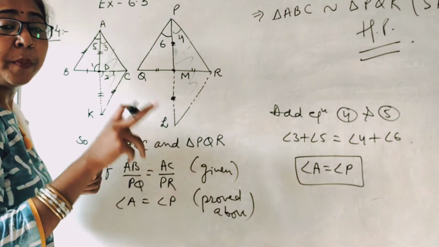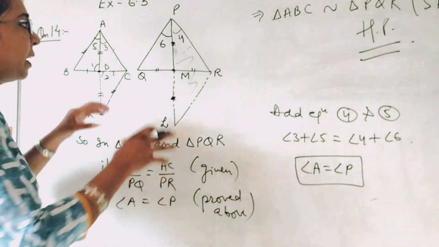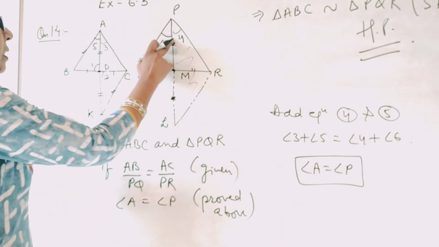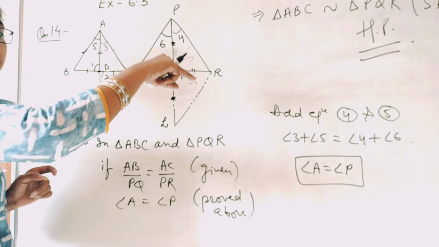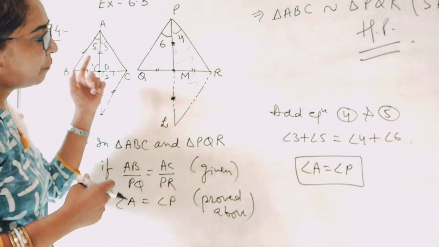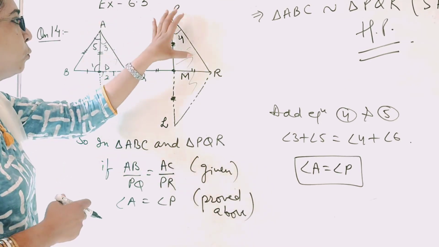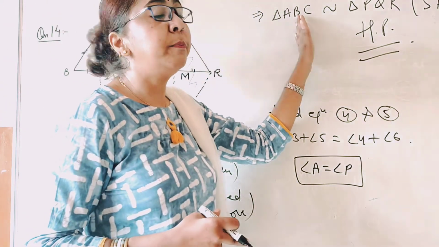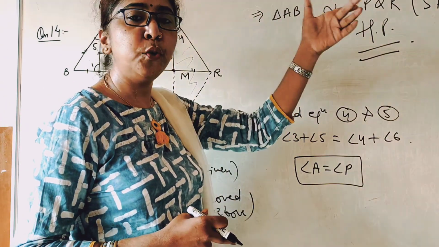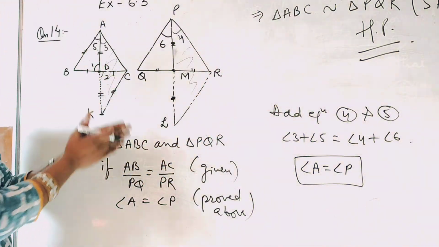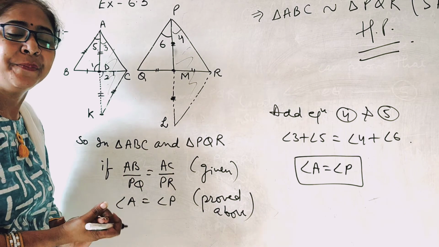The main purpose of making these angles equal is so that angle A and angle P come equal. And if these two angles are equal, we already have two ratios which were equal, and then we can apply the SAS criterion, and make these two triangles similar by SAS. I hope you understand it. So this is all about question number 14, exercise 6.3. Thank you.